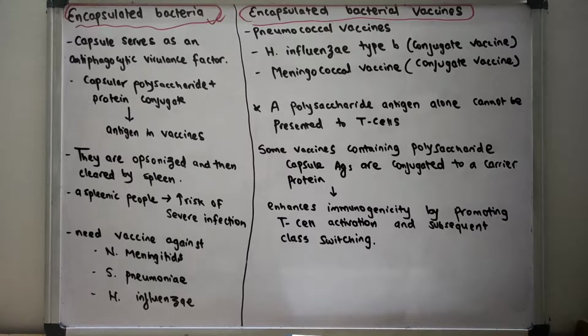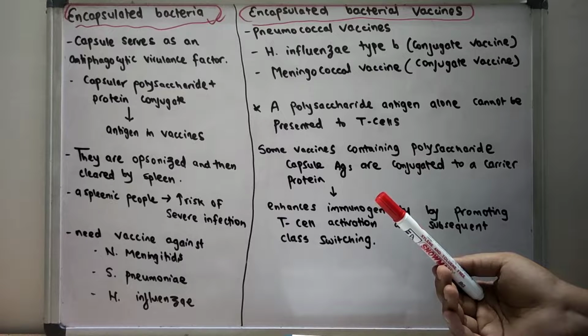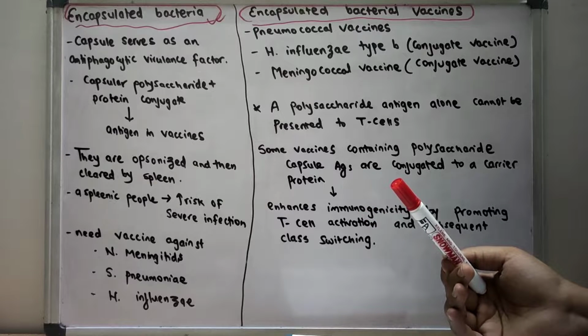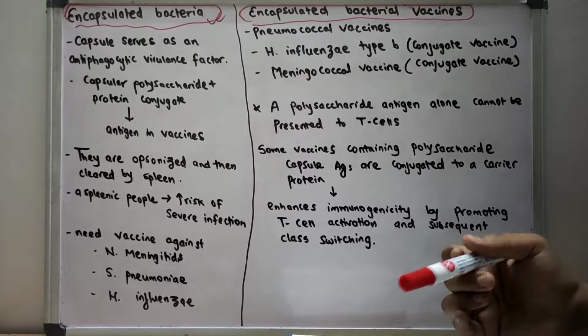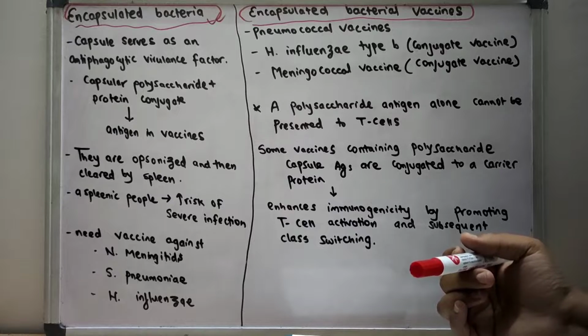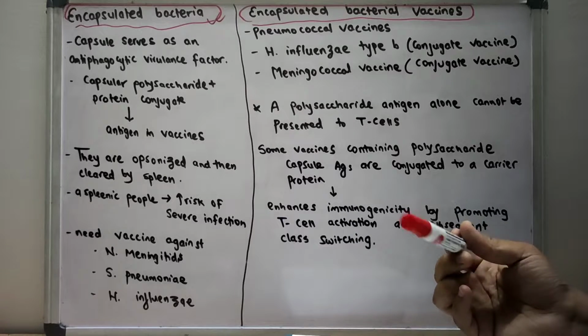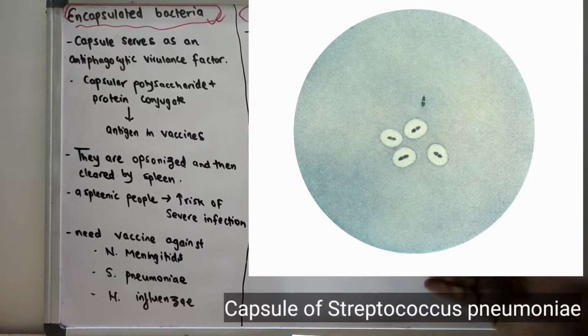Various capsulated organisms are Pseudomonas aeruginosa, Streptococcus pneumoniae, Haemophilus influenzae type B, Neisseria meningitidis, Escherichia coli, Salmonella, Klebsiella pneumoniae, and Group B Streptococcus. In the figure, you can also see the capsule of Streptococcus pneumoniae, demonstrated in the India ink stain, that is, the negative stain.